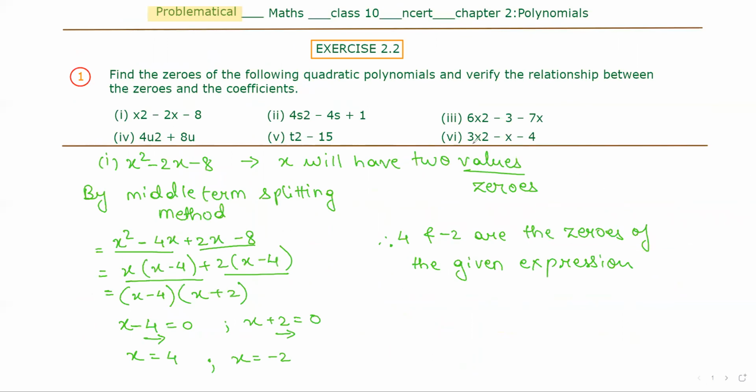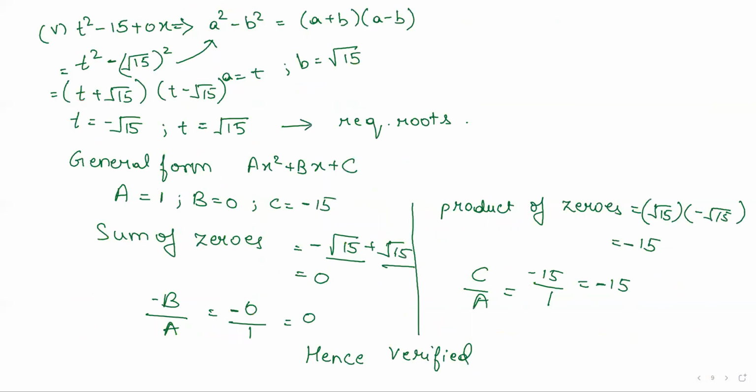The last expression is 3x squared minus x minus 4. Here, using the middle term splitting method, you get 3x squared minus 4x plus 3x minus 4.